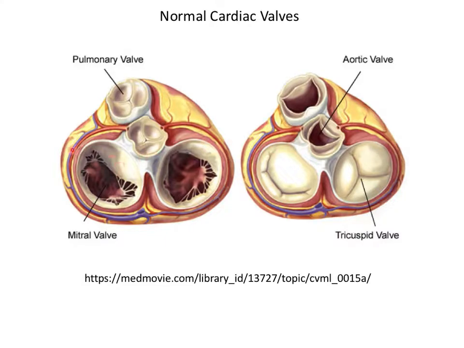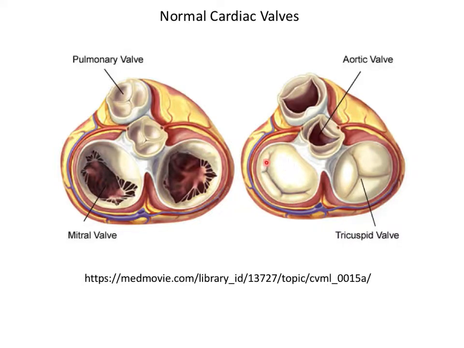The mitral valve is a bicuspid valve, and here's the tricuspid valve going into the right ventricle. I'm sorry, this would be the right coronary artery if this is right ventricle. Often, people have problems with this valve.